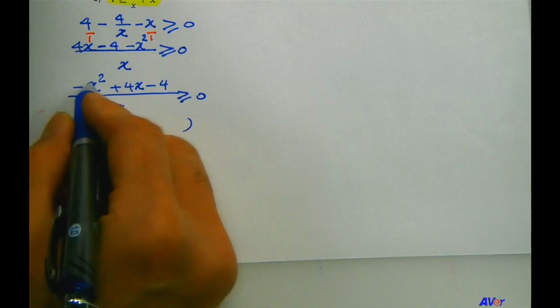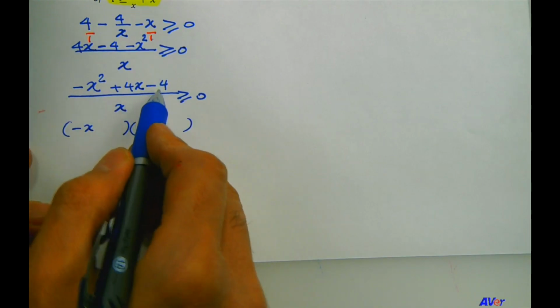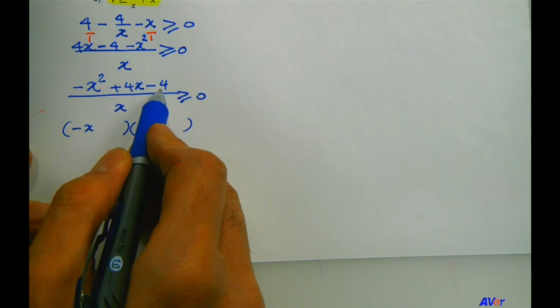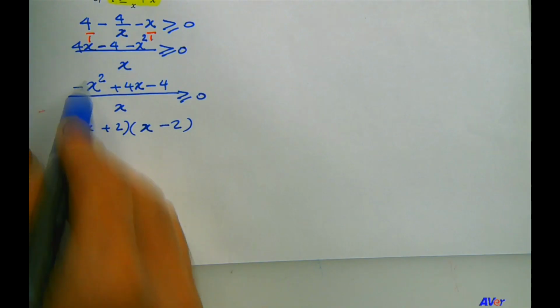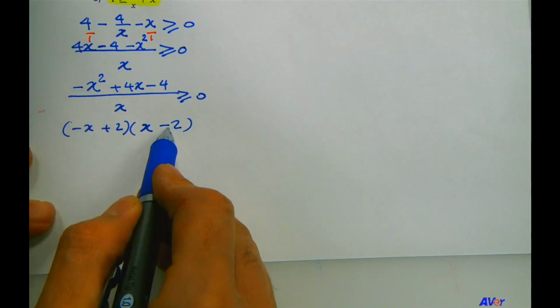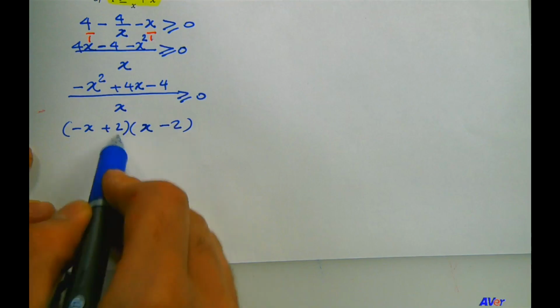Minus x times x, x squared. So what two numbers would multiply to negative 4, negative 2 and 2, and add up to positive 4x? So this should do it. Negative x times x, negative x squared. Negative x times minus 2, that's positive 2x, plus positive 2x, that's 4x. Then minus 2 times 2 is minus 4.